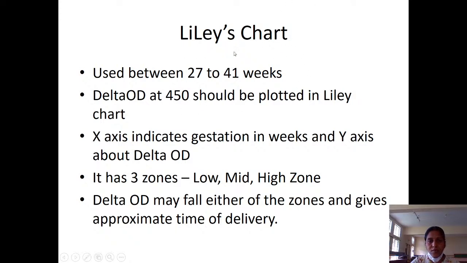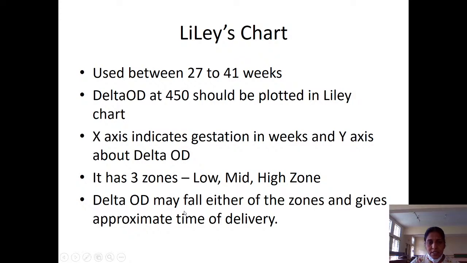The delta optical density at 450 is on the y-axis, whereas the gestation in weeks is on the x-axis. The chart has low, mid, and high zones.